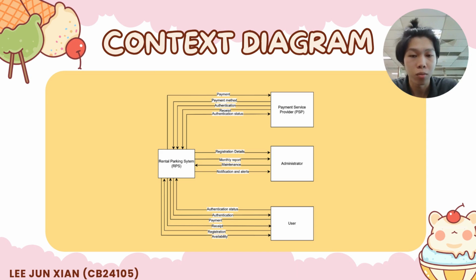The rental parking system also provides registration details and money reports for administrators, while maintenance needs to be done for the RPS system through the administrator. The users need to send back the authentication status through the RPS to the payment service provider.